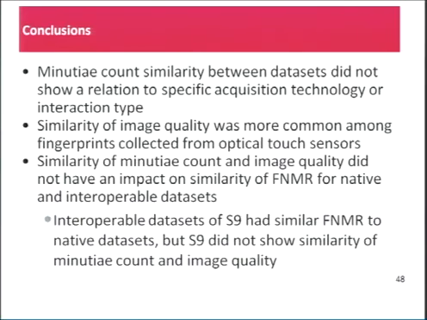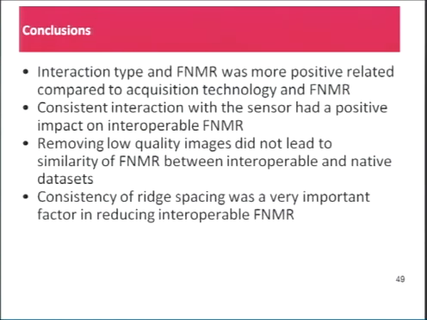And one of the data sets that actually stood out was the interoperable data sets of S9, which had similar false non-match rates to the native data sets, but S9 did not really show similarity of image quality or minutia count. So that was one of the interesting conclusions.